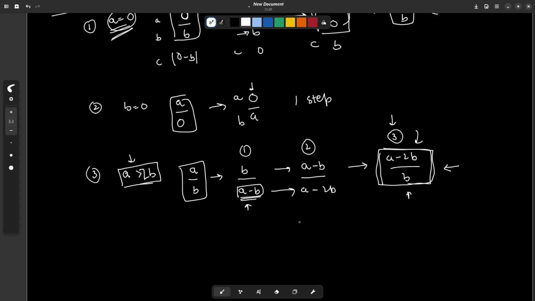Obviously, you could have also assumed that A minus B is less than B, but it could not have taken you anywhere. So it was better to assume that A minus B is going to be greater than B, and then you can write it like this, and then in the third step it will become like this. So I have carried forward the same observation here, that A minus B is greater than 2B, right?